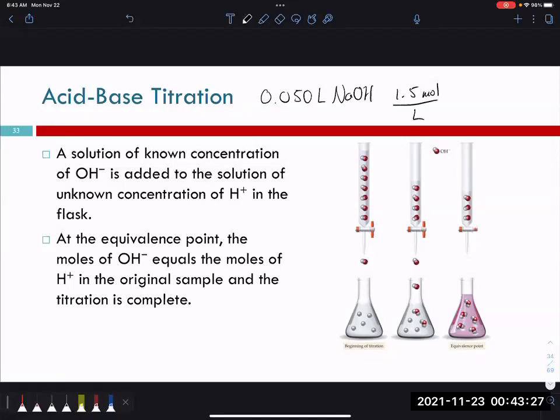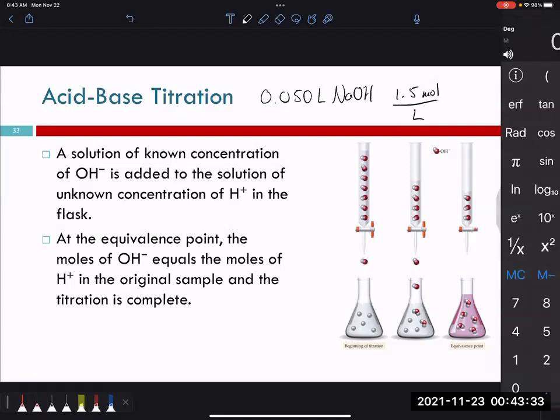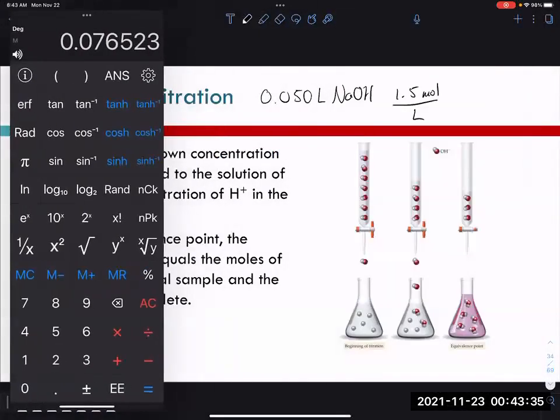Then we can multiply. I forgot my calculator at home. So we can do 0.05 times 1.5. Liters cancels. We get 0.075 moles of sodium hydroxide added.